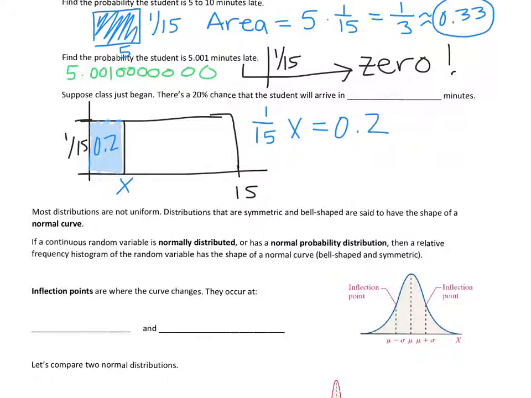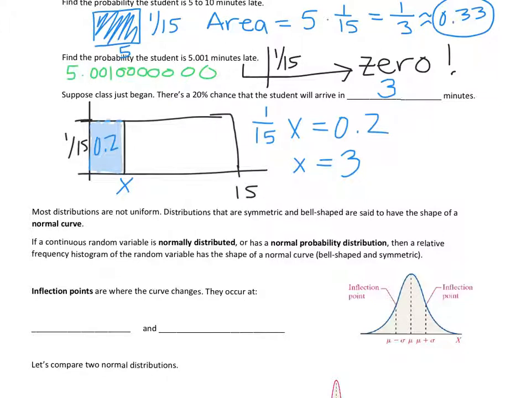Okay, so we just have a linear equation to solve. We can multiply both sides by 15. 15 times 0.2 is 3. All right, so a nice little equation to solve. So there's a 20% chance the student will arrive in 3 minutes.